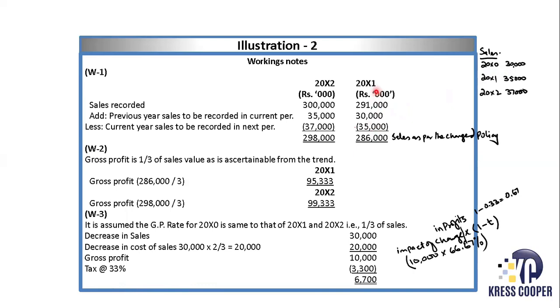This 35,000, the year X1 sales is being reduced, and being added in the year X2, and this will be subtracted from X2 and will be taken in X3, which is not the part of this financial statement. Okay. So this is the impact that we will be providing in the sales revenue of the period presented. This is not the period presented. X0 is not the period presented.